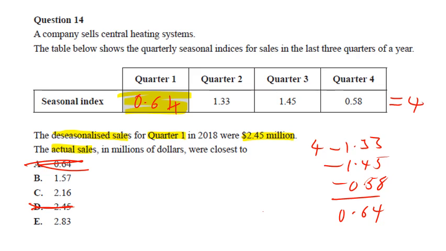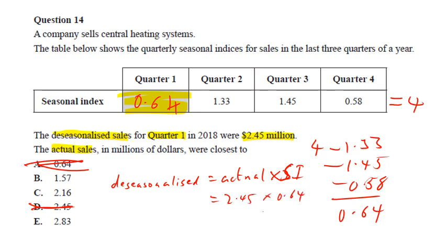The deseasonalized, I always think that should be a Z in there, equals the actual. Now is it going to be times or divide? It is times the SI. So that's going to equal 2.45 times 0.64.